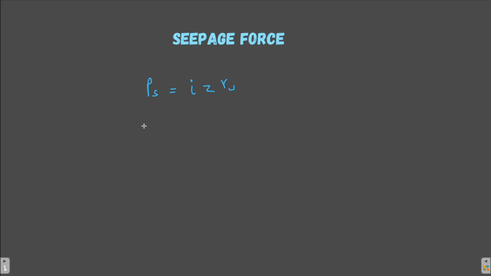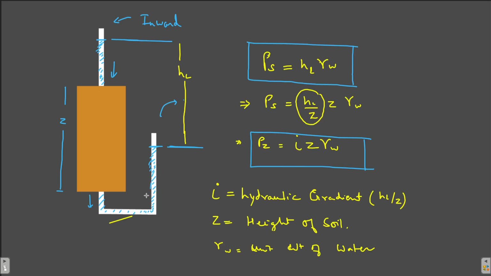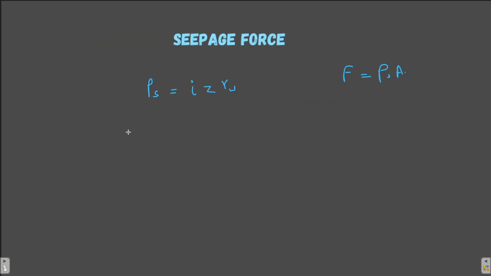Now we know that force is pressure into area, right? So suppose the cross sectional area of this soil mass is A. So what will be the seepage force then? Seepage force, let's denote it by letter J, is pressure into area.